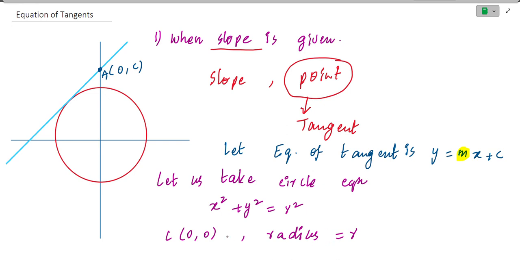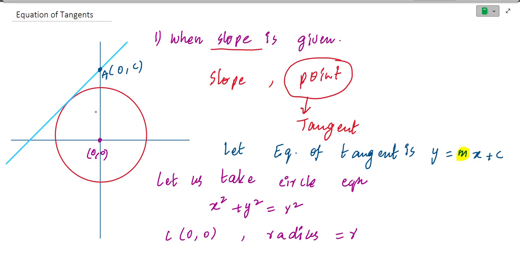The center of the circle is 0 comma 0, as we can sense from the diagram also, and the radius of the circle is small r. Whenever a line is touching the circle, the distance between the center of the circle and the straight line must be equal to the radius of the circle.